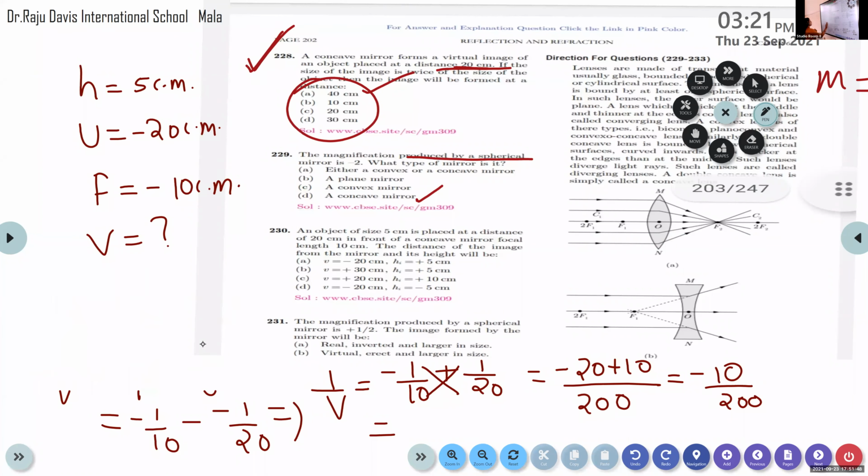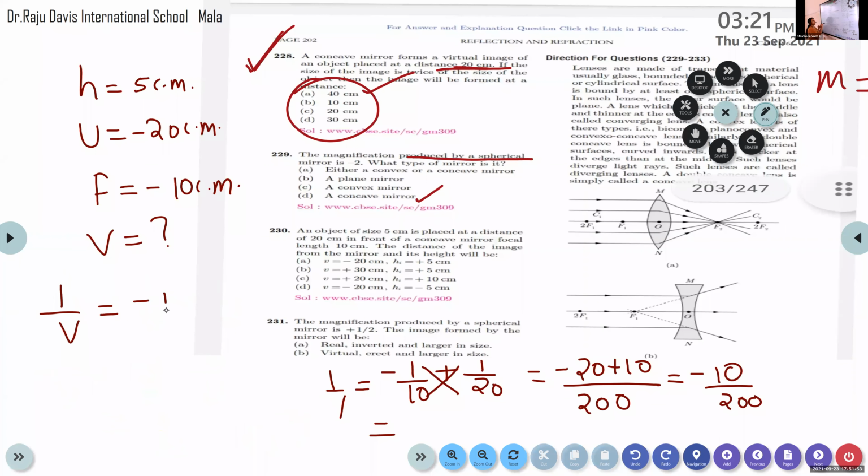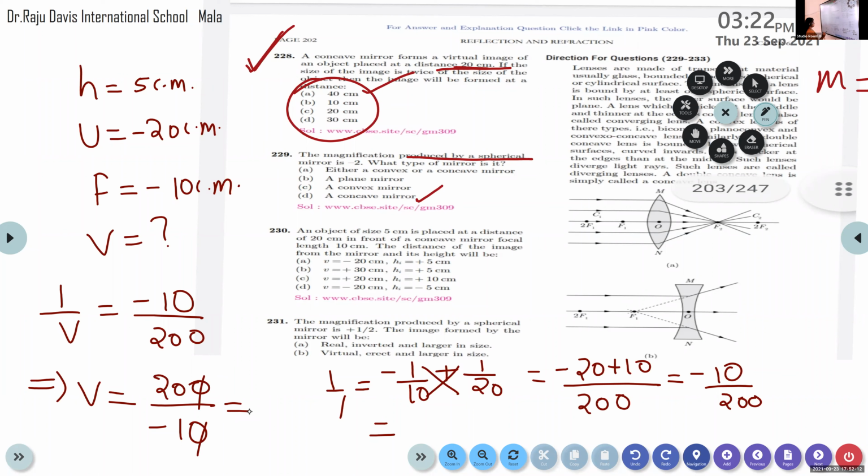So here we get 1 by v is equal to negative 10 divided by 200, which implies v is equal to 200 divided by minus 10, that is equal to minus 20 centimeter.